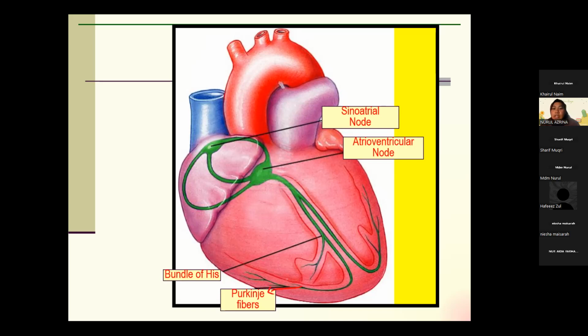Okay, that is located down to the apex of the heart. Okay, this we call the apex of the heart. Okay, apex means like the tip or the peak, something like that. Right, apex of the heart. So these are the structures that actually set the rhythm and control or regulate the heart rhythm. Okay, right.